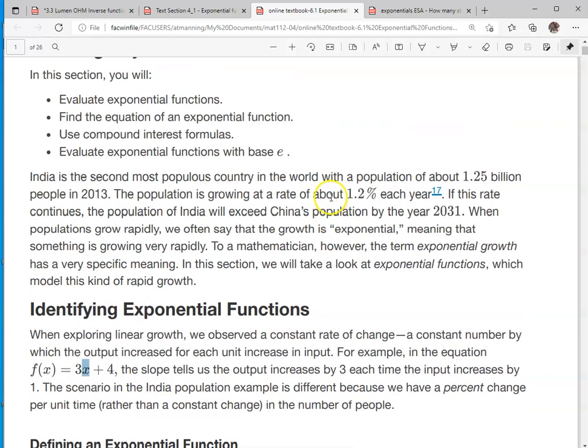But when we talk about population growth, about investment growth, you don't say our population is decreasing by 100 each year. You say our population is decreasing or increasing by 1% each year. That's a more realistic thing, because as people leave, another 1/100th of the next year's people leave.